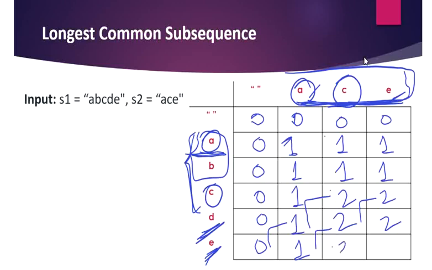So I'm filling 2. Finally, we have arrived at our solution box where we are going to check whether E and E match. Yes, there is a match. So out of these 3, the maximum value is 2. And now we have matched one character. So we are going to add 1 to this and our value is going to be 3. So the final output of our problem is 3.